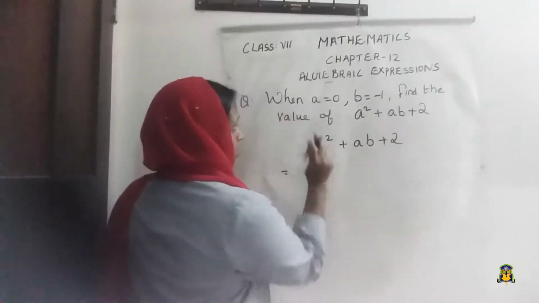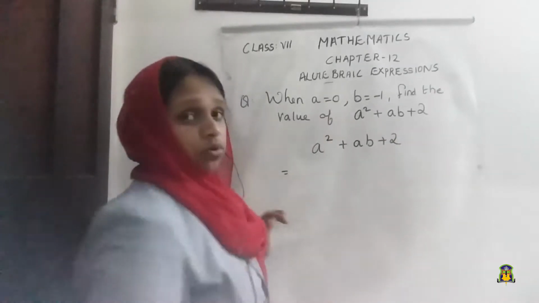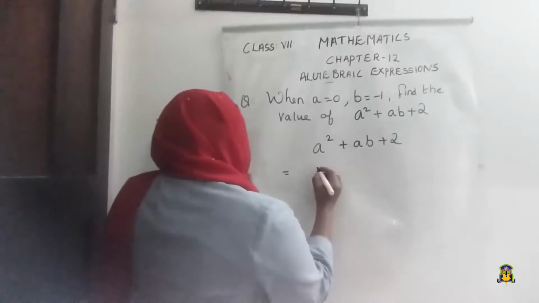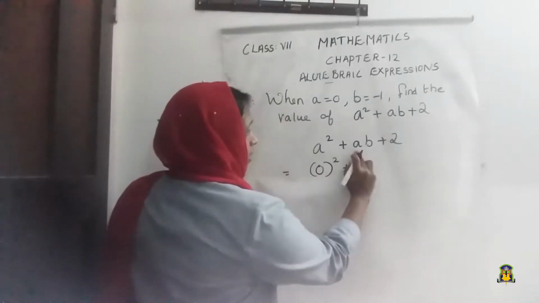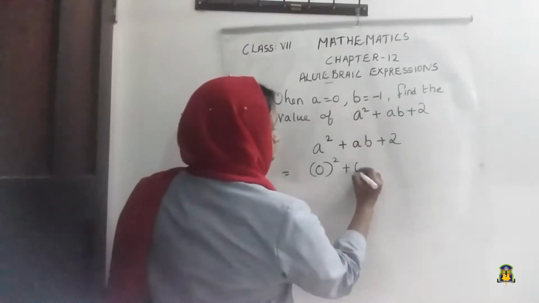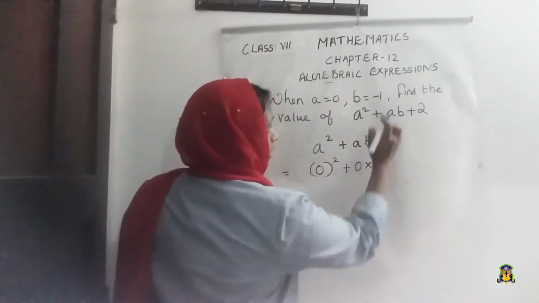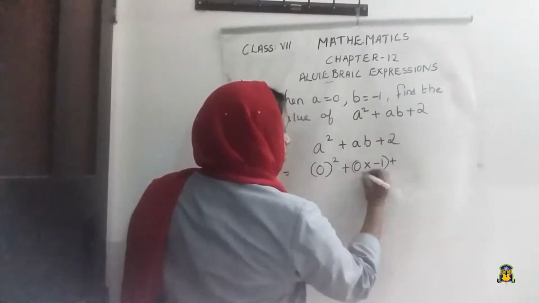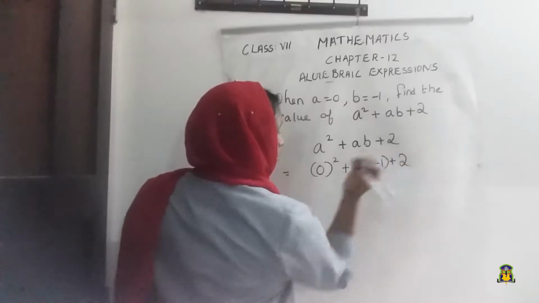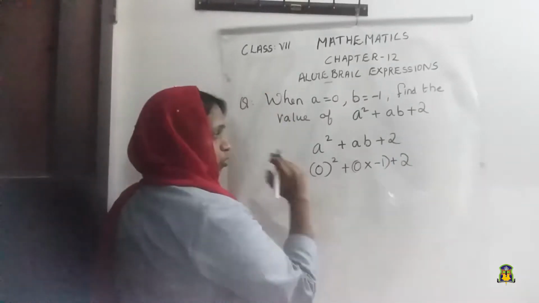So here, what's a here? A equal to 0. So we can give the value 0 square plus here a equal to 0 into b it is negative 1 plus next comes 2. Okay. We know 0 square is what?